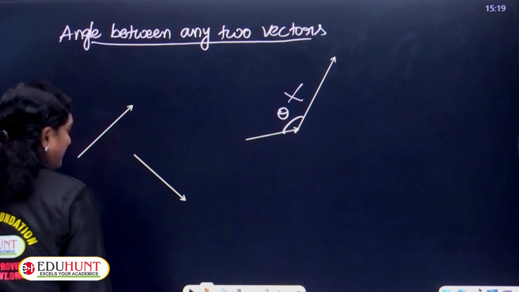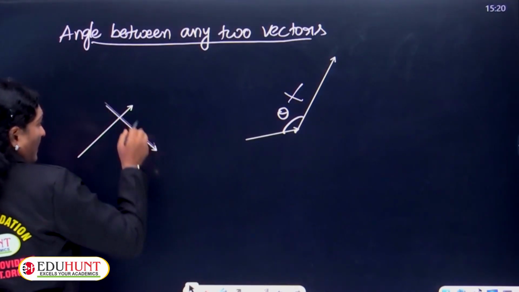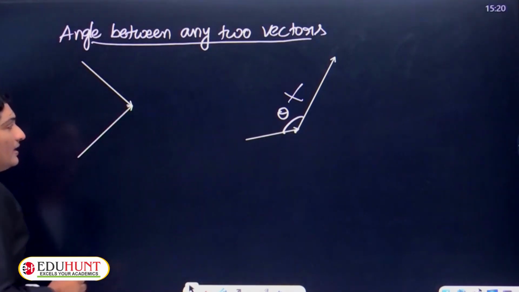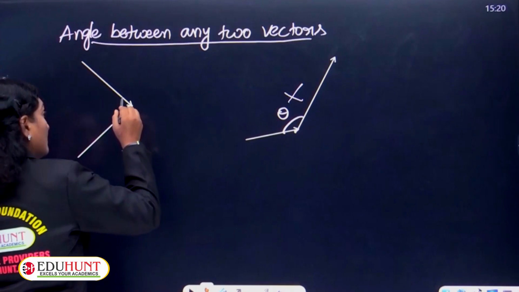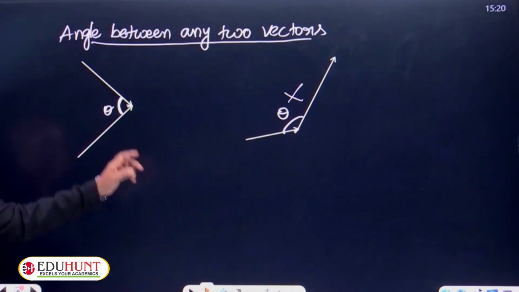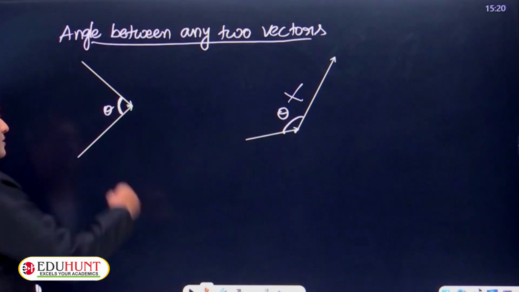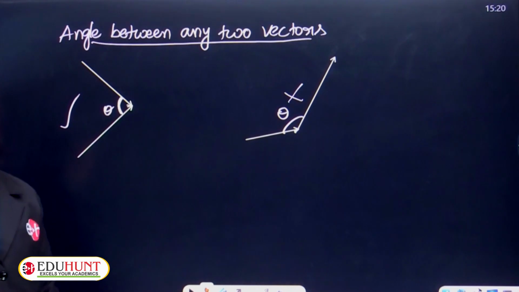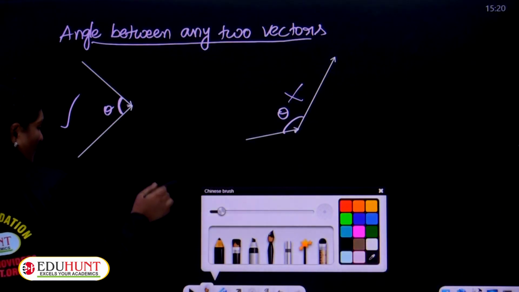But if two vectors are joined head to head, then also the angle between the two vectors can be taken. Whether they join head to head or tail to tail, the angle between the two vectors gives the same result. Okay. So, let me explain you properly.